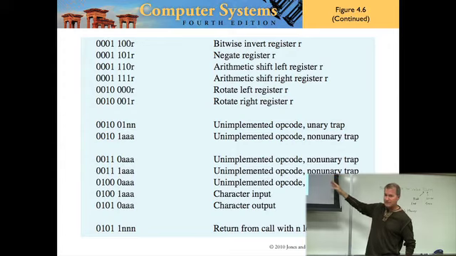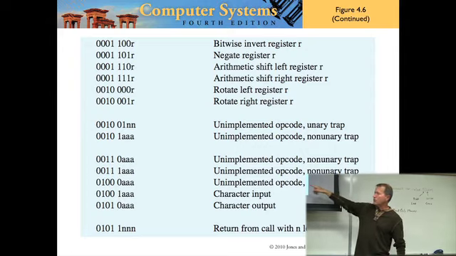Unary trap. Okay? So there is this group of instructions here that we never did explain before. They are called trap instructions. So what happens is, if you have a machine language instruction that has the opcode 00110AAA, that bit pattern, that's a trap instruction.